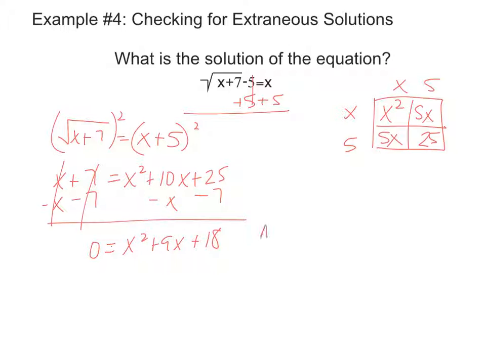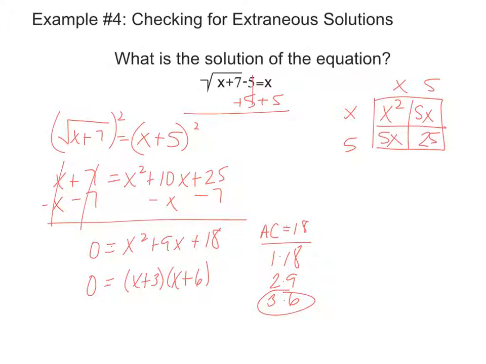All right, if you do AC, that will give us 18. And the factors of 18 that will work here are 3 and 6. Okay, so that'll be 0 equals x plus 3 and x plus 6. Okay, so then in the end, x will either equal -3 or -6.